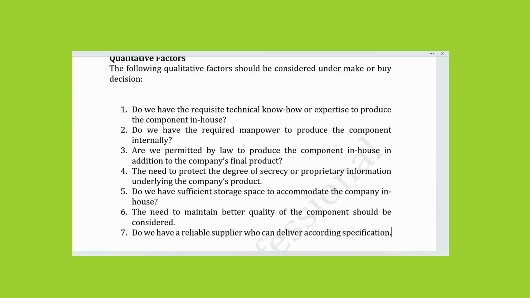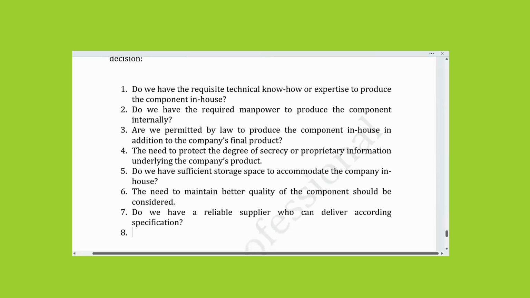So in doing that, you have a sample already, you have your specification. You then want to be sure that this external supplier can produce the products based on your specification as you want it, based on your own design. All right. So that's what I mean by this. Do we have a reliable supplier who can deliver according to specification? It's a question that is begging for an answer.